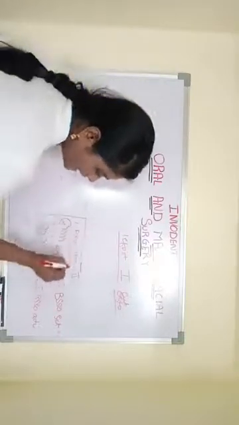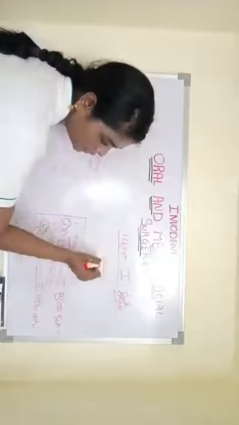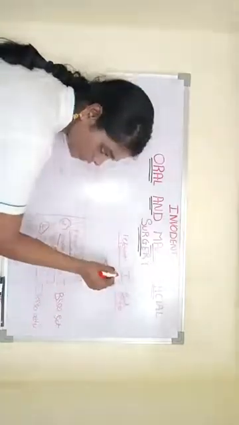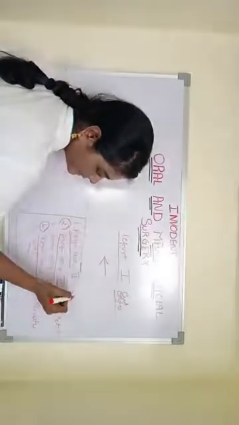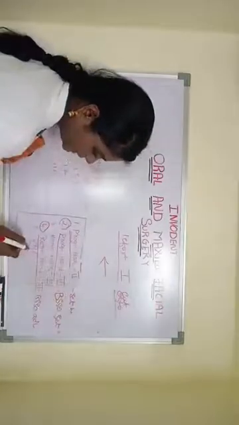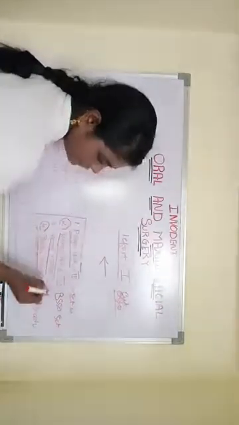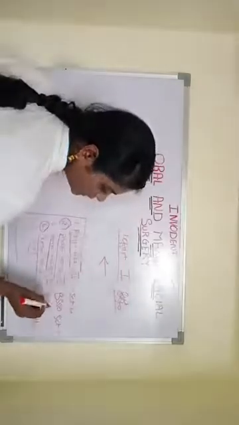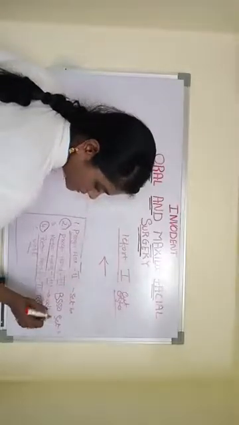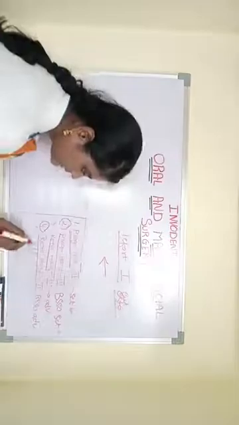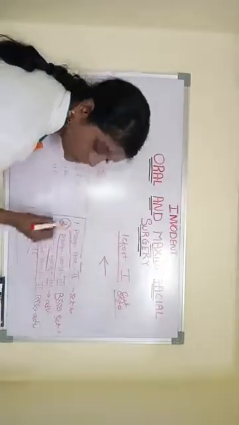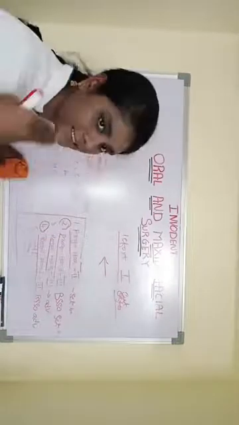So if it is a prognathic maxilla, we want it to go back, so we do Lefort 1 osteotomy and setback. If it is a retrognathic maxilla, we do Lefort 1 osteotomy with advancement. That's it. These are the sagittal problems, antero-posterior discrepancies.